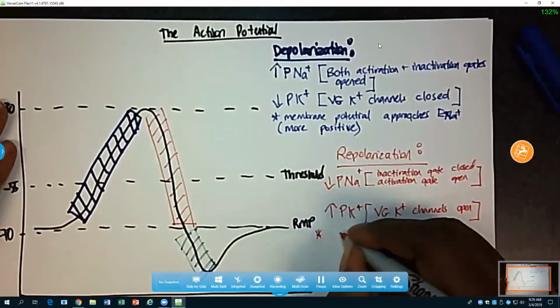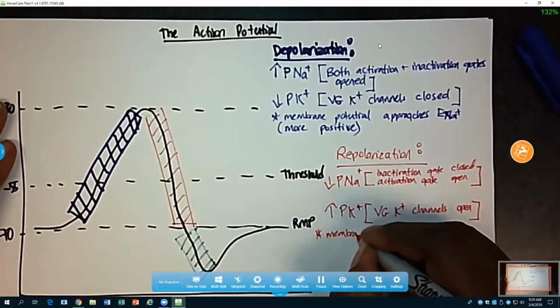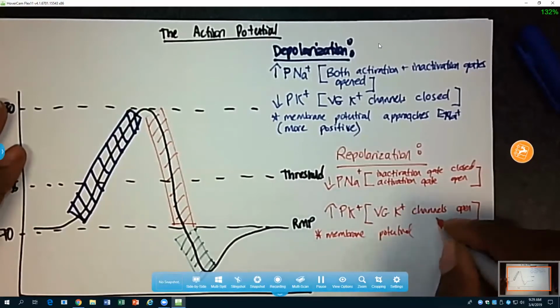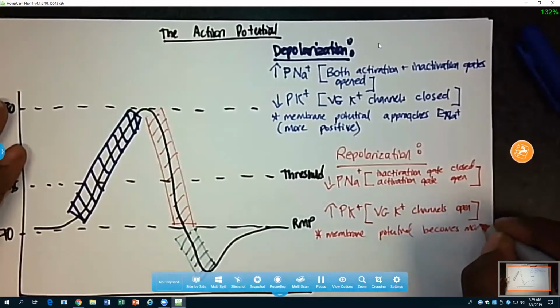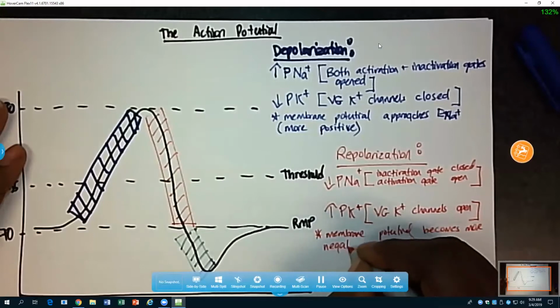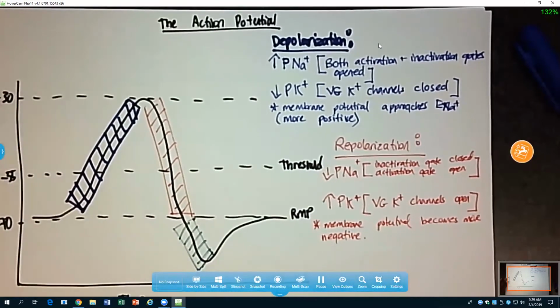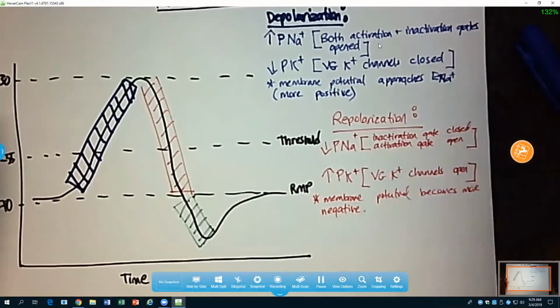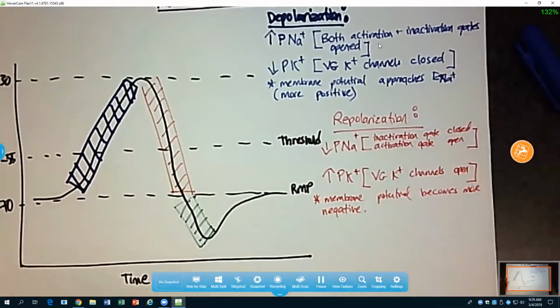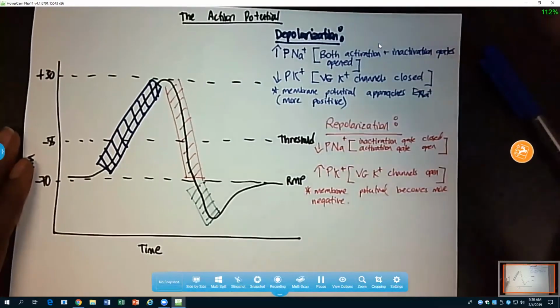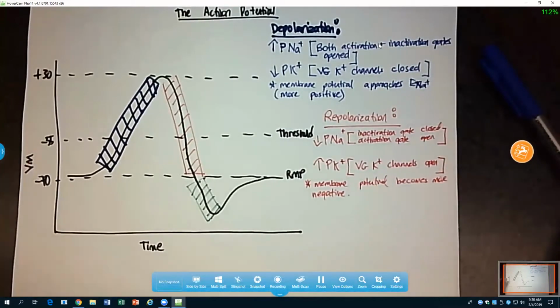So here, the membrane potential becomes more negative. And then the last phase here, a very brief phase, is called hyperpolarization.